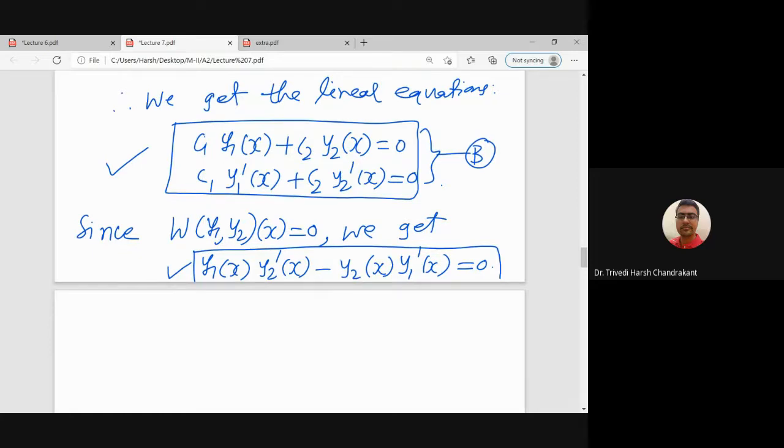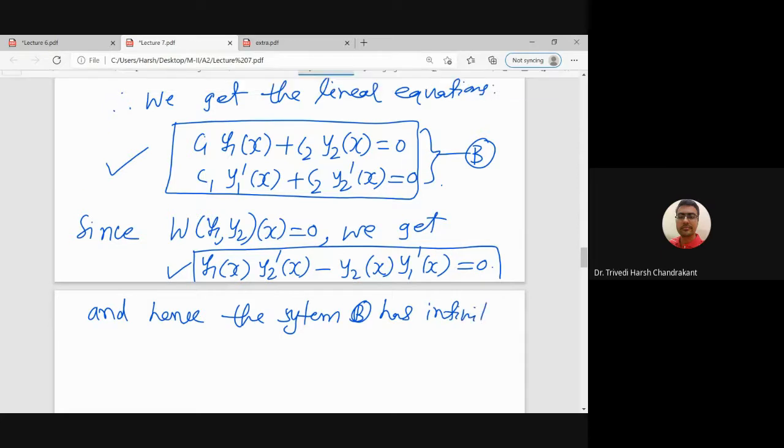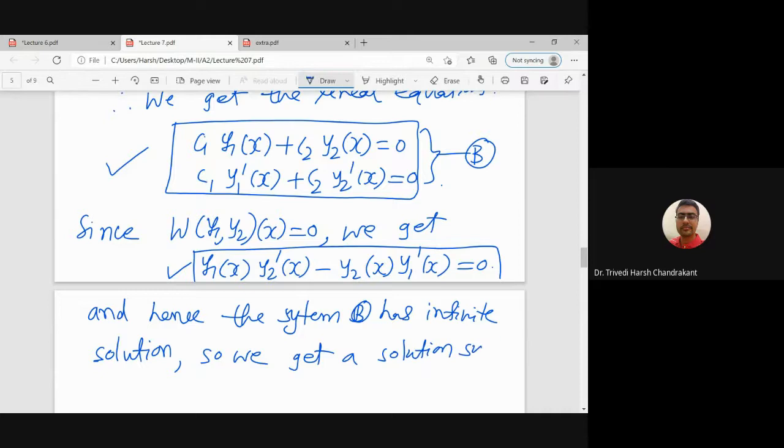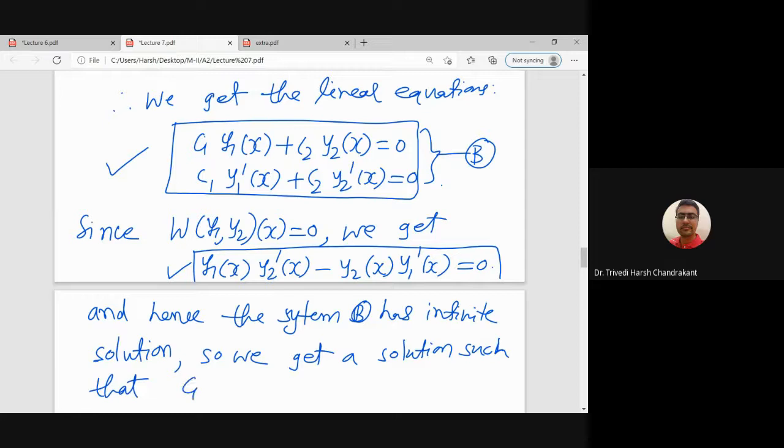So since this is 0, we get this, and hence the system B has infinite solutions. So since it has infinite solutions, we can get at least one solution such that either C1 is not 0 or C2 is not 0.